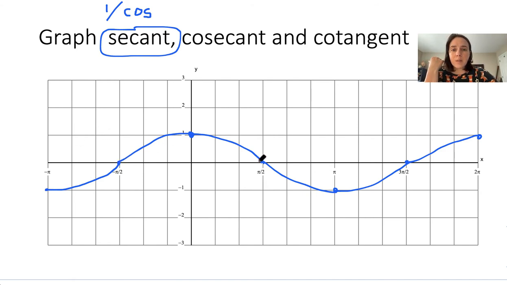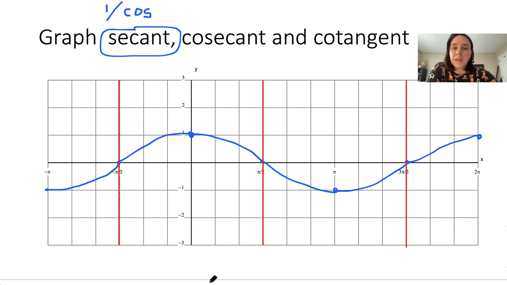So by graphing the parent function first, you can then go back in and say, oh, I'm going to get some vertical asymptotes everywhere that parent function crosses the x-axis. Actually, I'm just going to draw straight lines, that's faster. So everywhere that we cross the x-axis, that's where we get some vertical asymptotes.